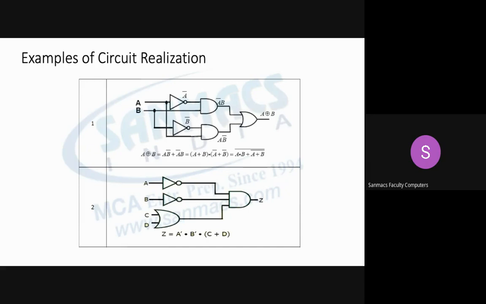If we have 2 variables A and B, and we apply an XOR gate on these 2 variables, then this is the simplified expression that we get, which is A B bar plus A bar B. That's how you can use it in Boolean expression simplification if you ever encounter a question where you're given A XOR B.